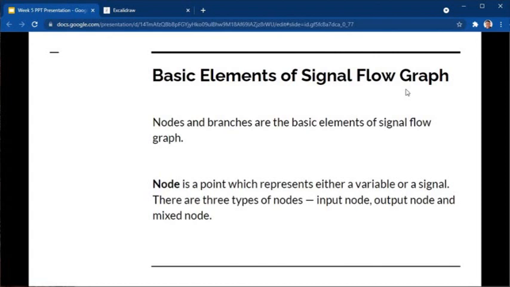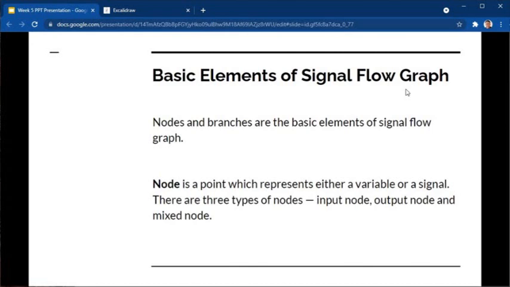For the basic elements, nodes and branches are the basic elements of a signal flow graph. As I've mentioned in our previous topics, we're talking about gains, signals, amplifiers.